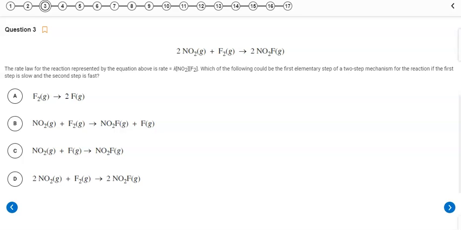If we look at the possible answers down there, only B has that. The rate law for B would be rate equals k NO2 to the first, F2 to the first, the same as what they gave you for the overall reaction. So the answer to that one is B.